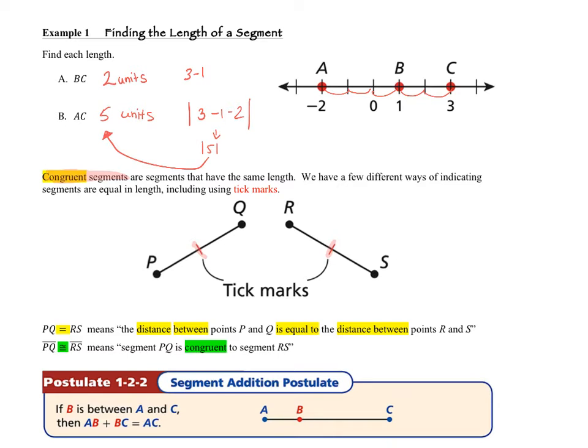Instead of an equal sign, when we write that a line segment is congruent to another line segment, we say that line segment PQ is congruent to line segment RS. So congruent is an equal sign with that little tilde on top of it. For those that take Spanish, you've seen that before. And it also looks like the approximate symbol, but it's only one of those squiggly lines.